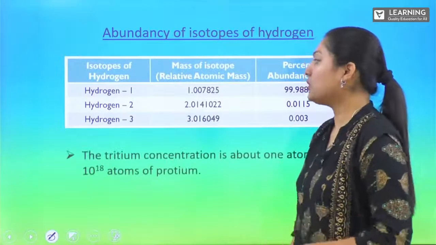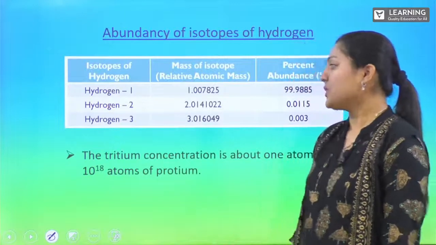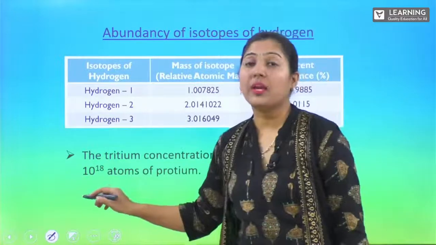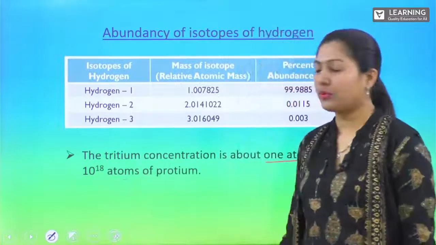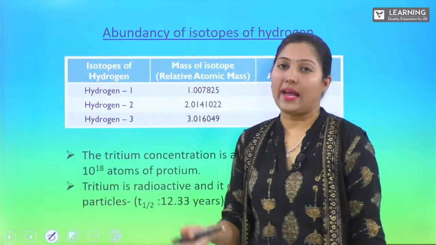Okay, we need to know one more thing about tritium: its concentration is about 1 atom per 10⁻18 atoms of protium, and this tritium is radioactive.